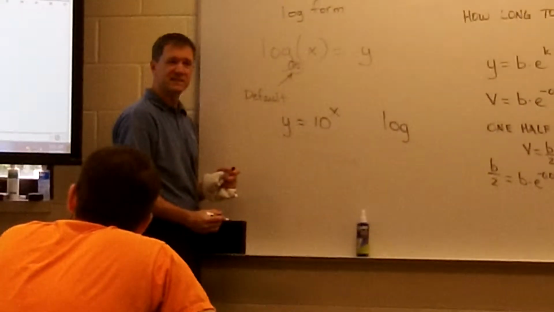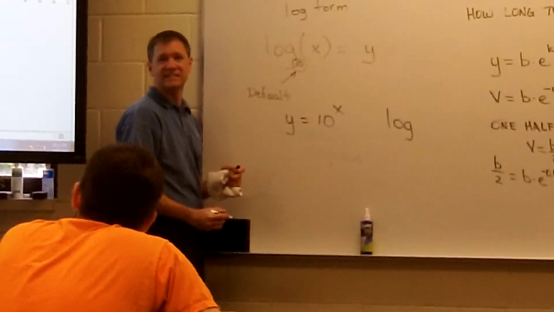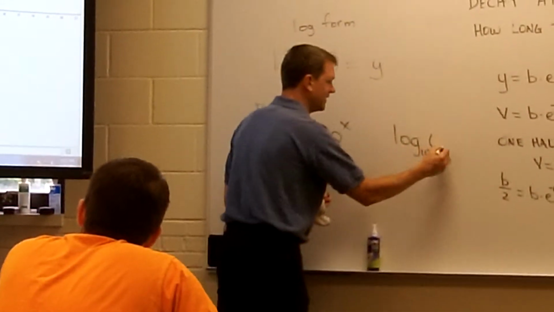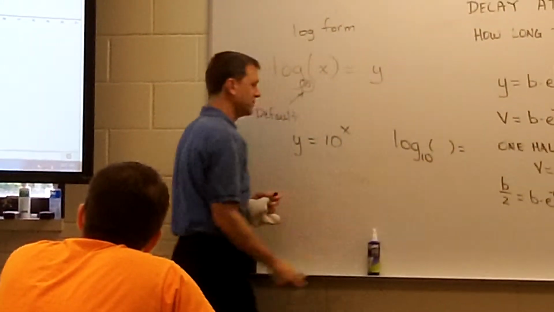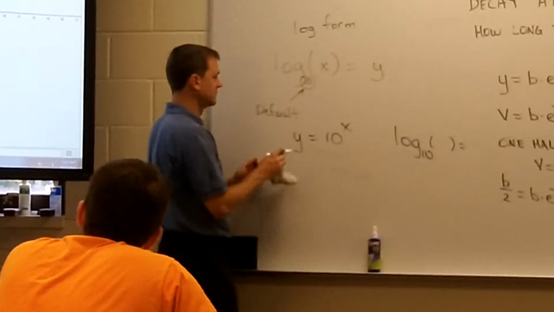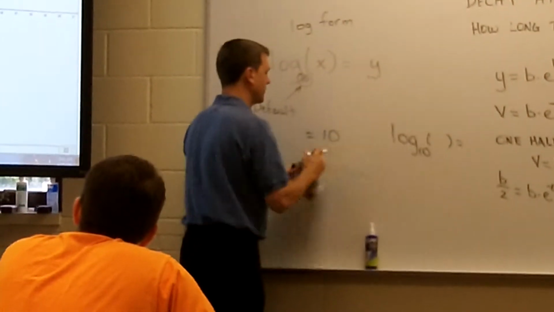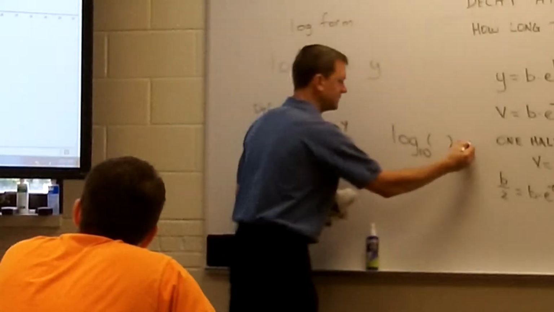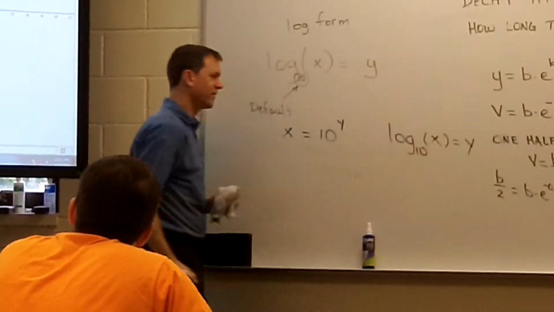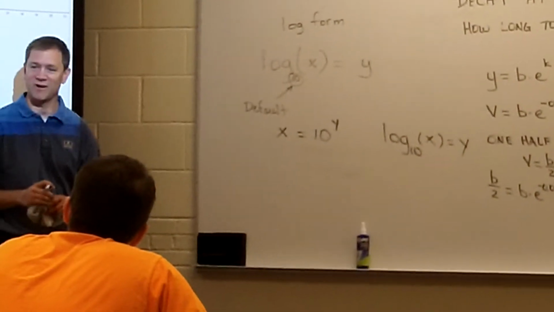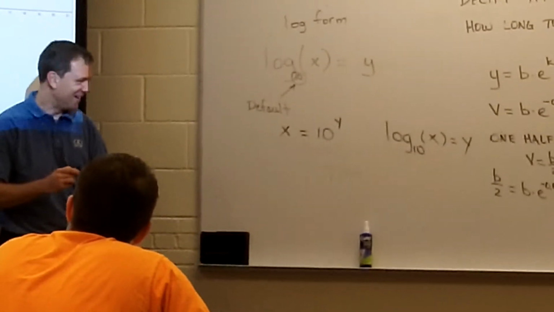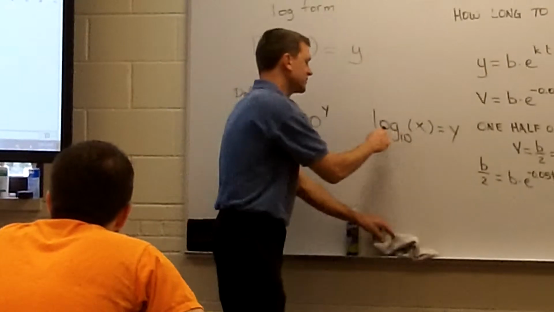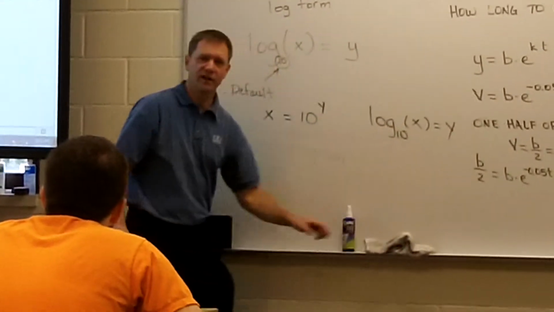Log to the base 10. We know the result is going to be the exponent. Actually, let's make this y and this x. I'm going to help out here until it's the last part of class. Everyone gets tired. So the inverse of this would be y equals log of x.